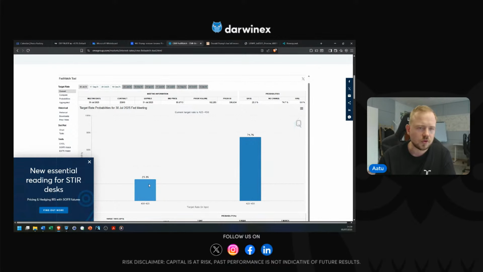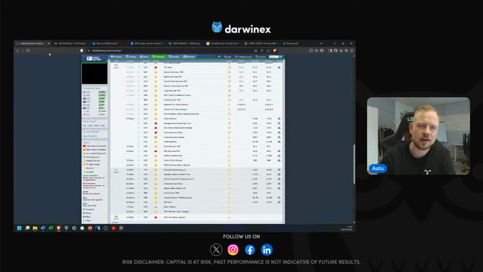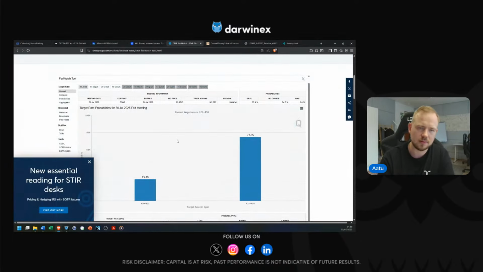Also Waller, one of the more influential Fed members, said that we don't want to wait until the job market tanks before we start cutting the policy rate. So if the unemployment rate rises today and we see a low number on the non-farms, we would expect the pricing for a July cut to increase rapidly.